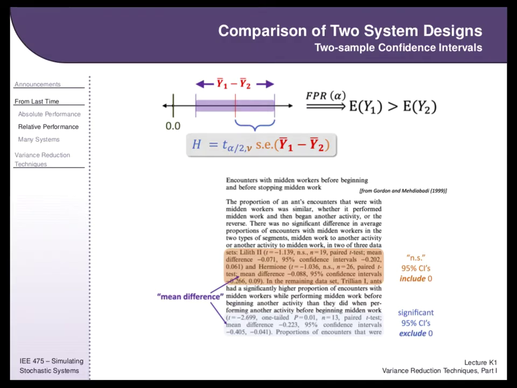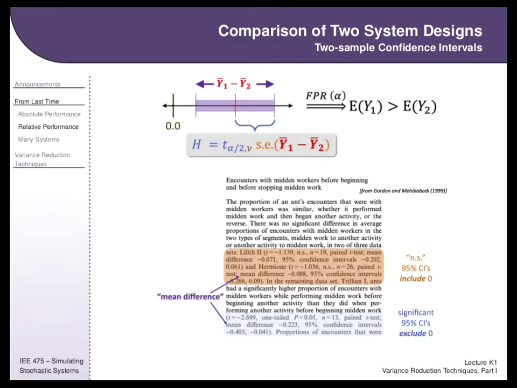And then in this big block here, they show that all of these are, quote, NS, not significant. And if you look, all of the confidence intervals they list include 0. And then down here, it's a little hard to see with this blob here, but they have one where they list a 95% confidence interval where it's all negative.